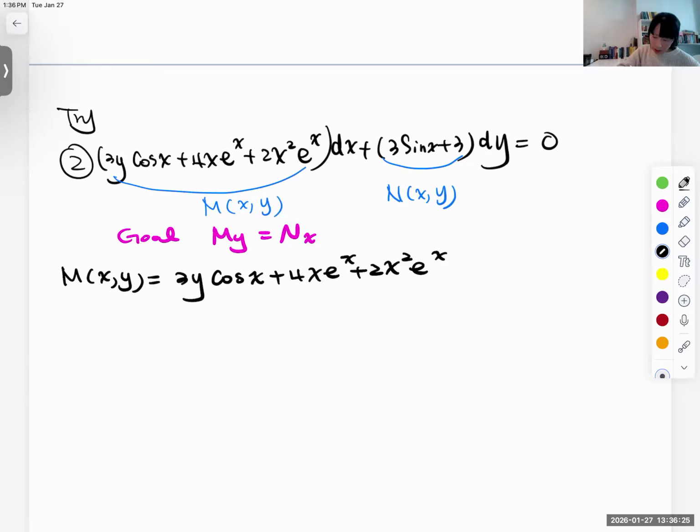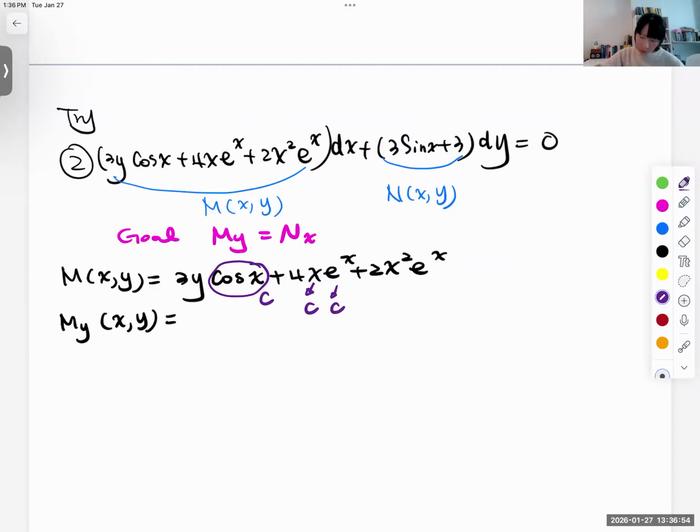Okay, now we're looking at the equation and the partial derivative with respect to y. So x is constant, so this is constant, and there is x and x, right? That's why this is a constant, this is a constant, and this is also constant, this is also constant, right?